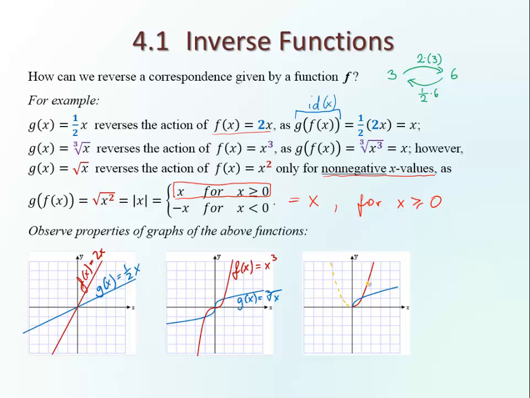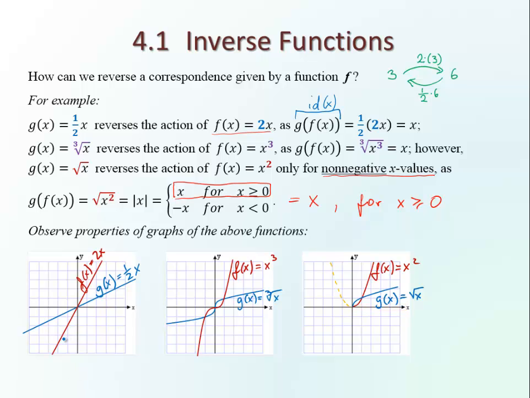But to have an inverse, we can take only this particular half and reverse it to the square root of x here. So f of x was x squared, and g of x was the square root of x. But we had to restrict the domain to only non-negative values.